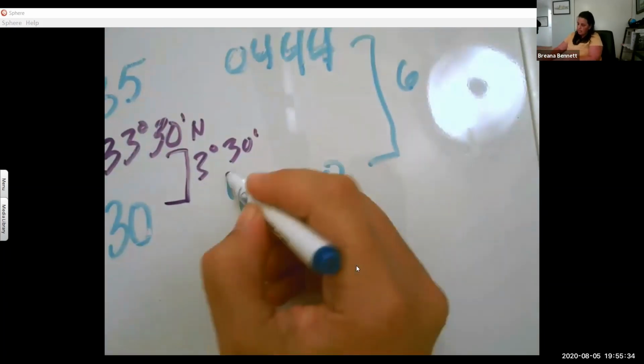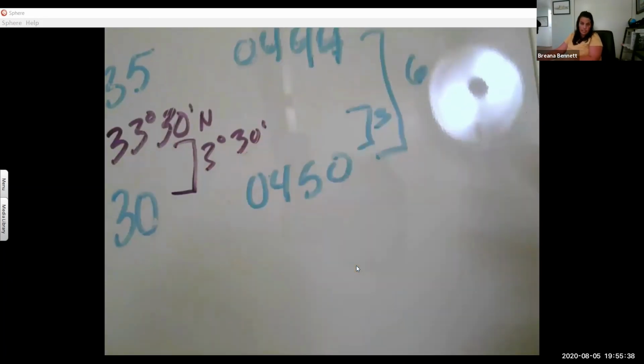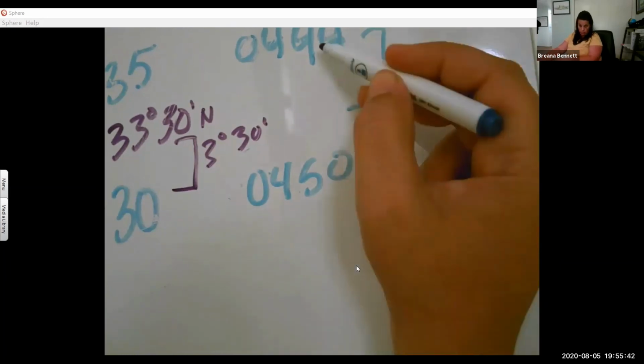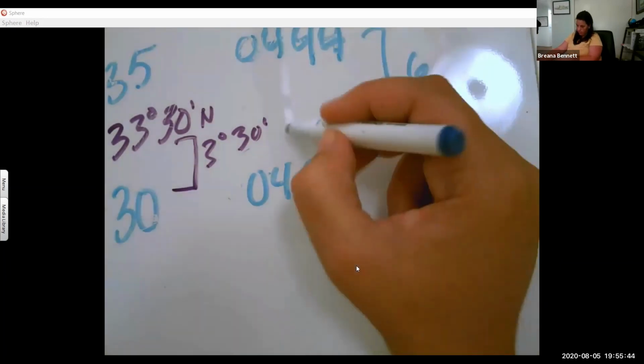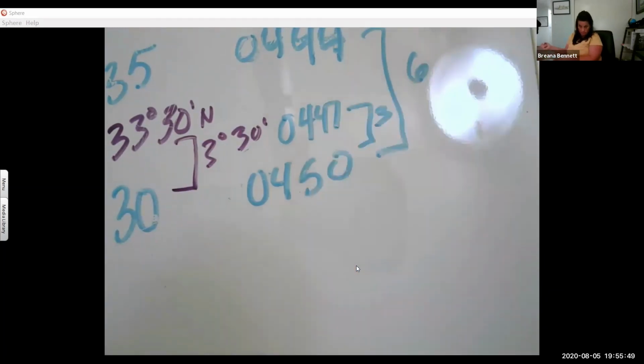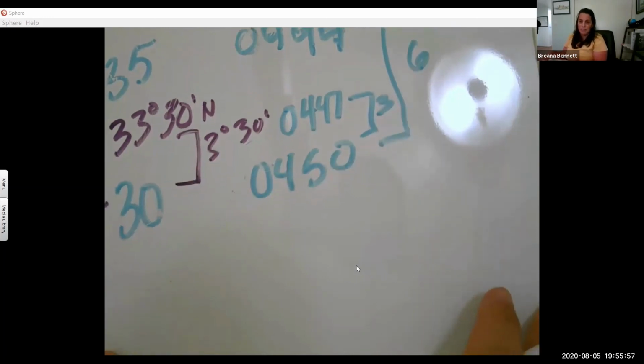So my time is going to be 3 minutes, and I have to decide if I'm adding or subtracting. This is 450, and this is 444. I'm going to go with 447. This will look a lot cleaner when we do an actual example and not one that I just made up on the spot.